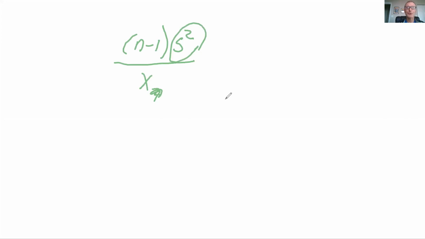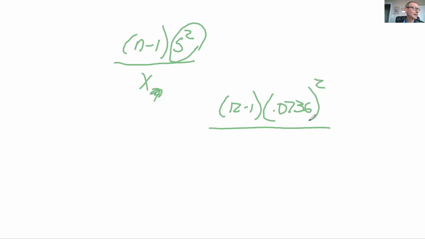So what we'll end up doing is this will be 12 minus 1. And our standard deviation is 0.0736 squared, right? And then we divide it by these 2 numbers. 3.816 would be the high end, and 21.920 would be the low end.